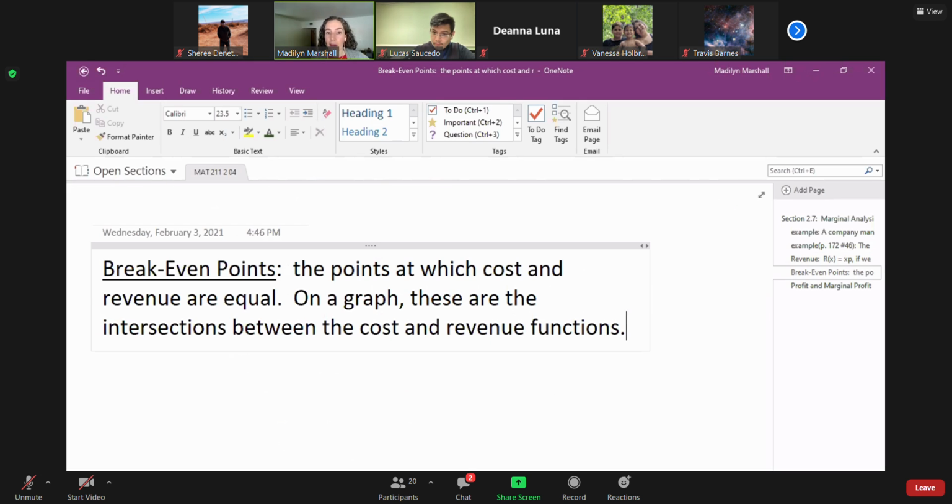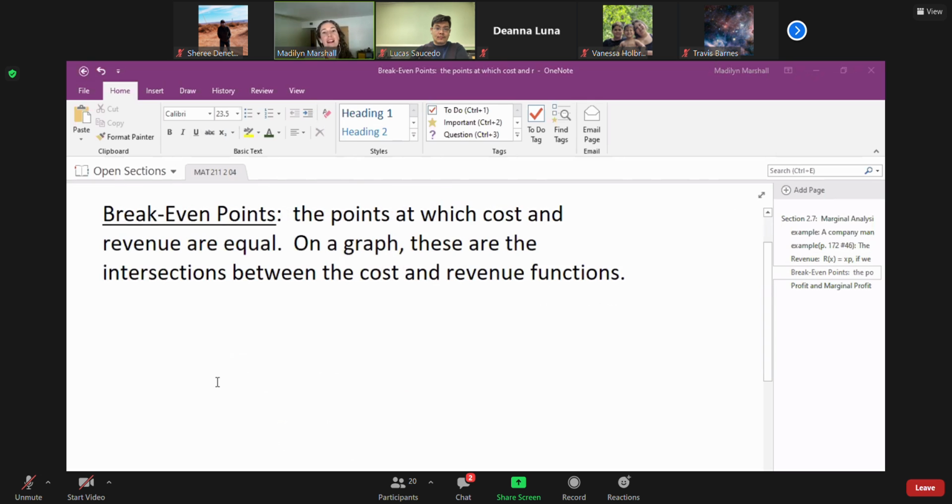So on a graph, these are the intersections between the cost and revenue functions. So to find break-even points, you can do this on a graph rather than algebraically.